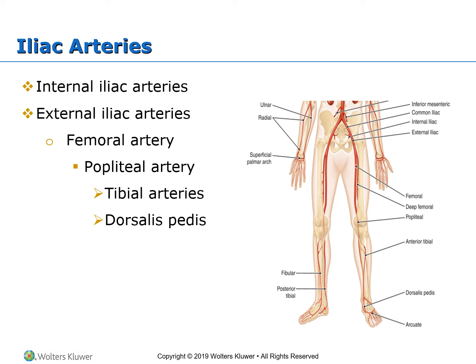Those arteries at the level of the foot will become the dorsalis pedis. Also, the posterior tibial artery will give a small branch called the fibular artery at the level of the leg.